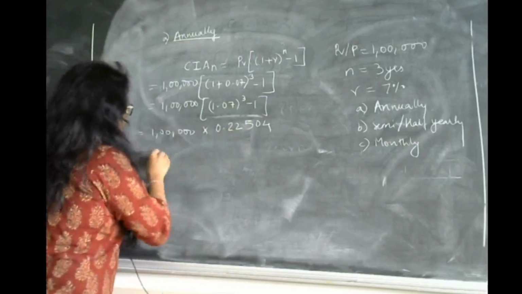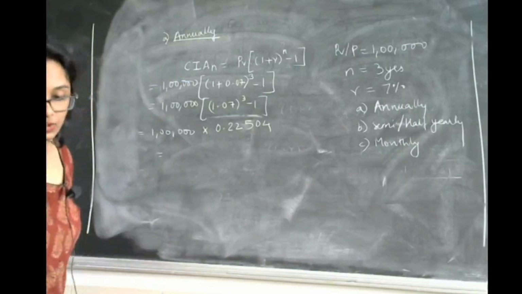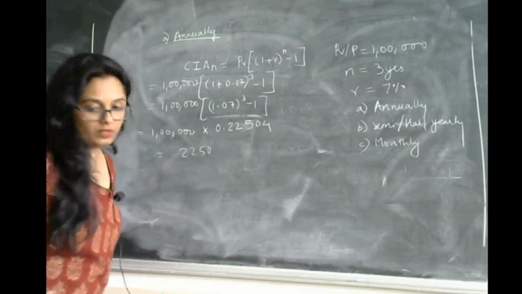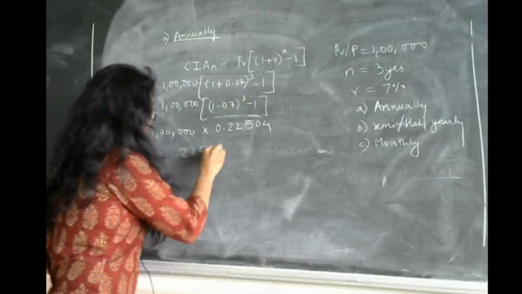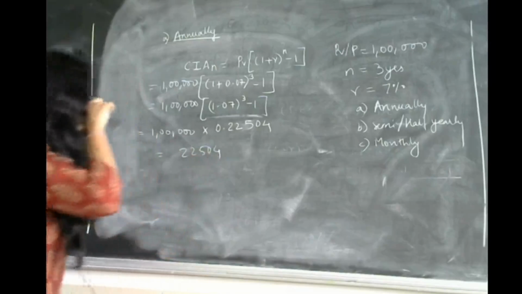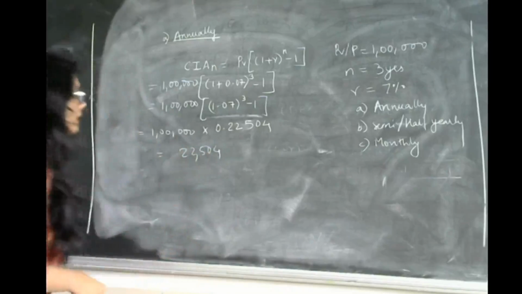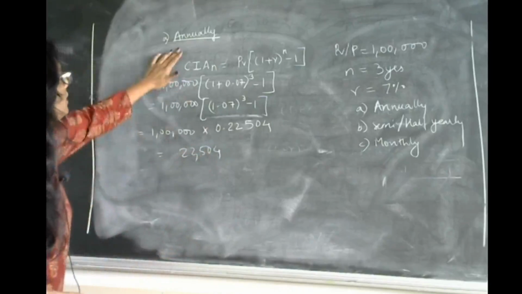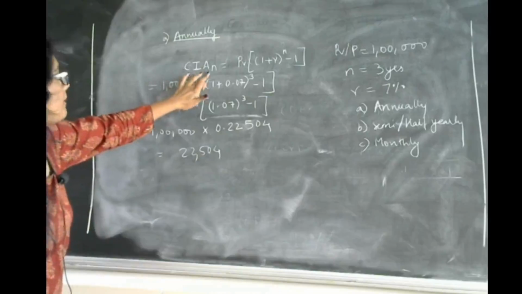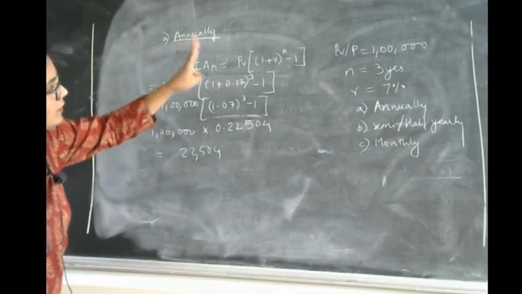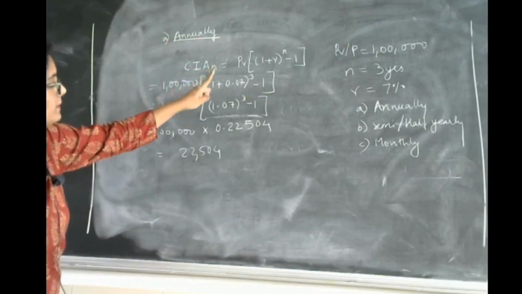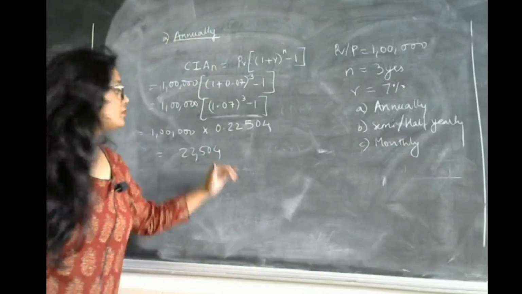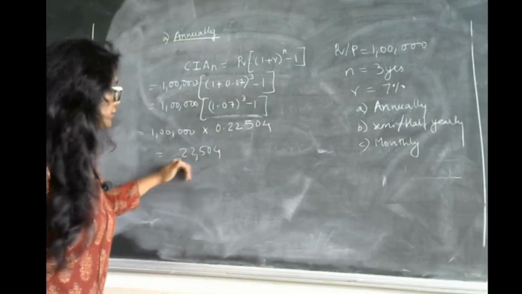You will get around 22,504. So this is your interest amount compounded annually for a period of 3 years at the rate of 7%. This is your compound interest.